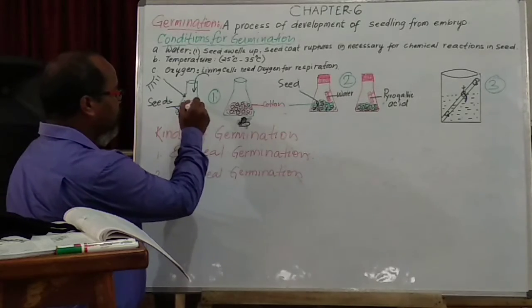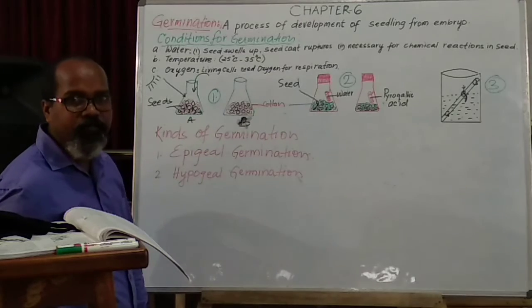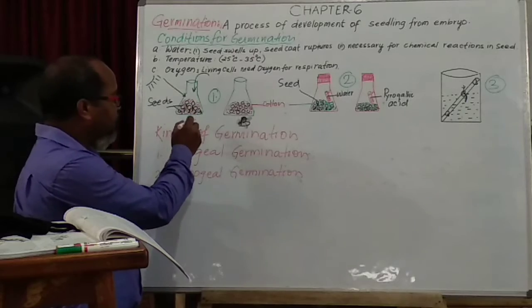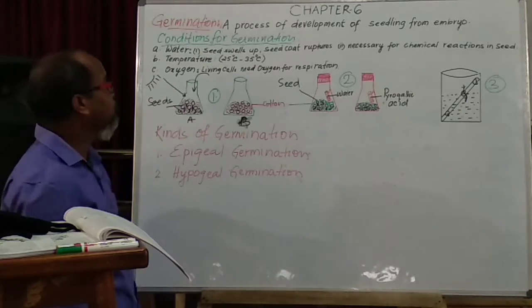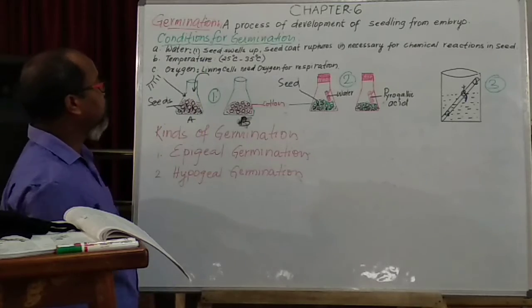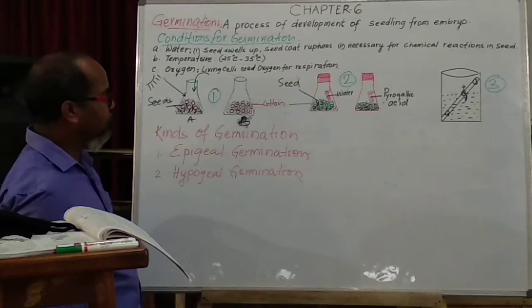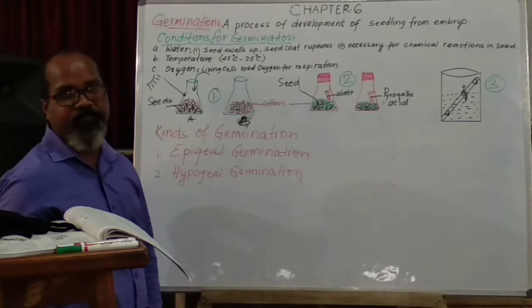Water is there in this cotton. And so the seeds of flask A are receiving all the three conditions: water, temperature, oxygen. So these seeds are germinating.